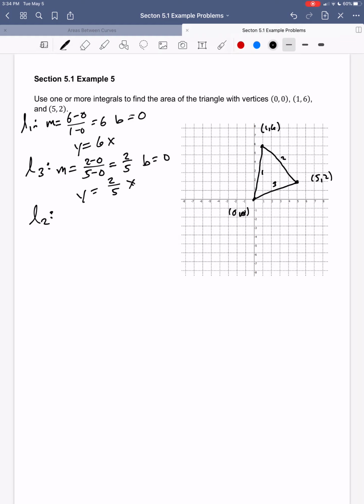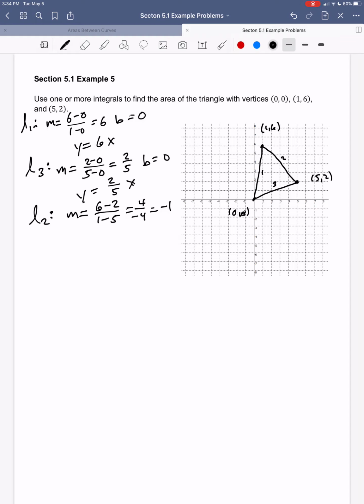what I would need to do for that is essentially use point slope form. So m here is change in y over change in x. I could take 6 minus 2 over 1 minus 5. So that's 4 over negative 4, which is negative 1.